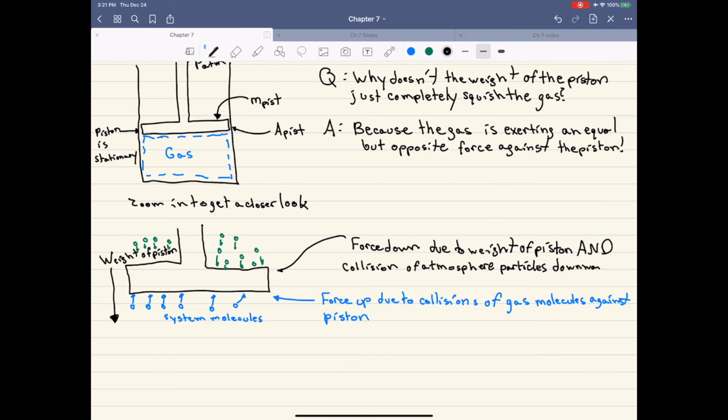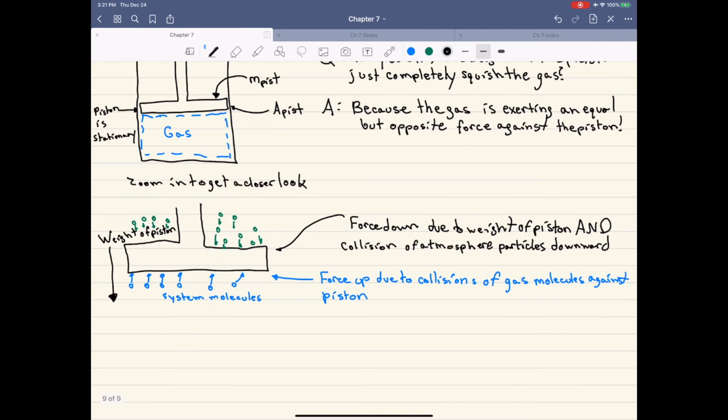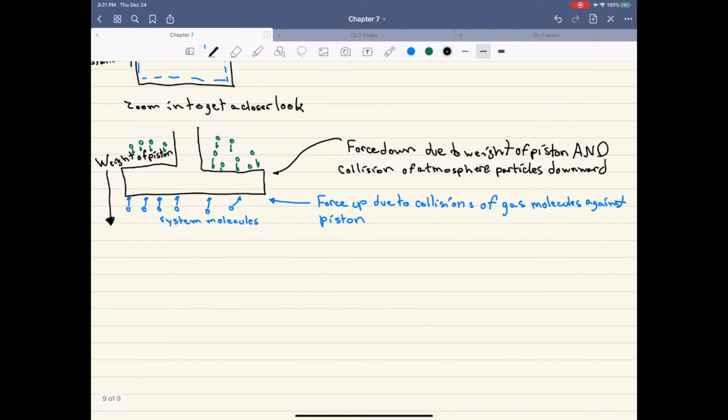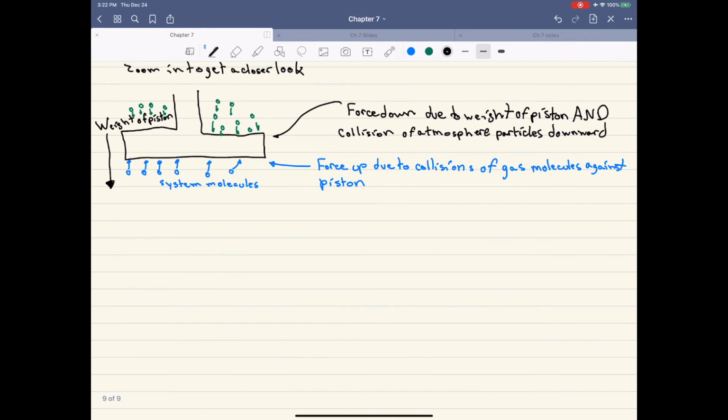Okay? And so we have a force up and we have a force down. Right? And if the force up is equal in magnitude to the force down, that means that we're in what we call mechanical equilibrium, such that the piston doesn't move anymore. It's stationary because the two forces are balanced against each other. All right?